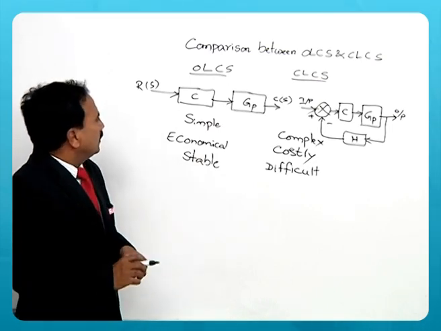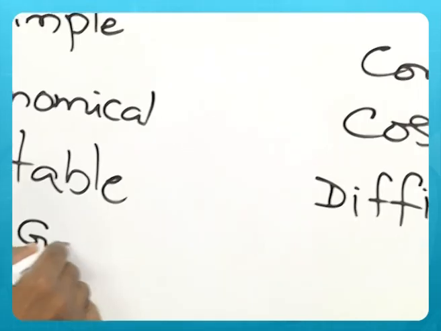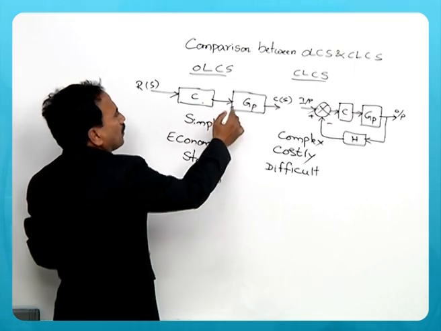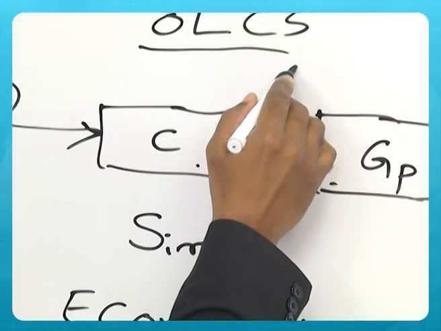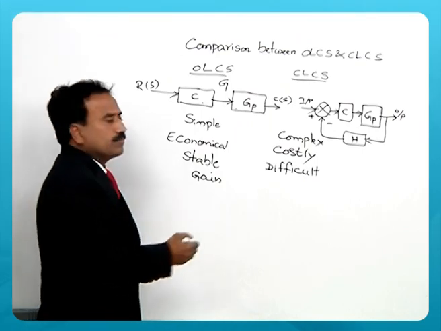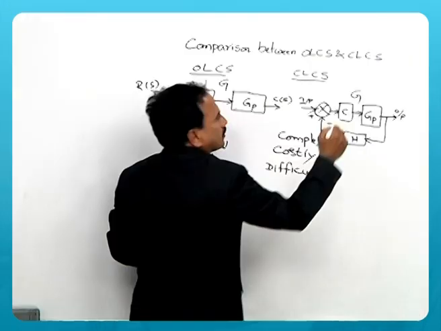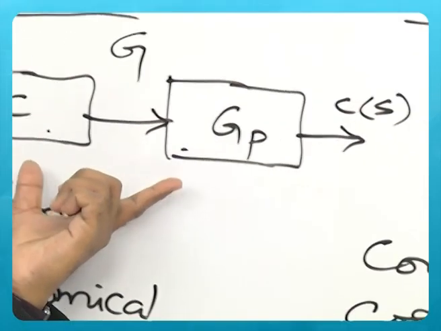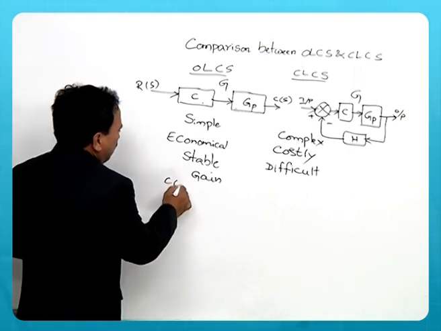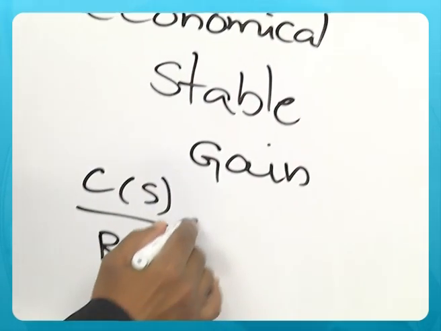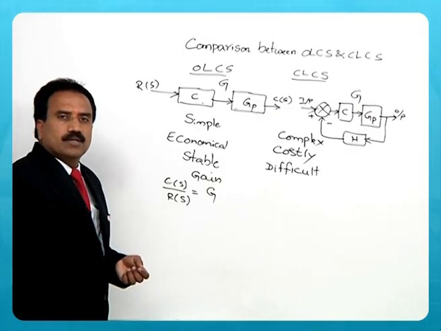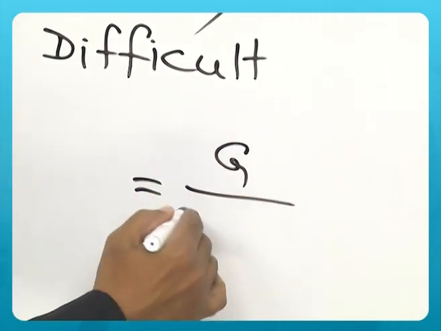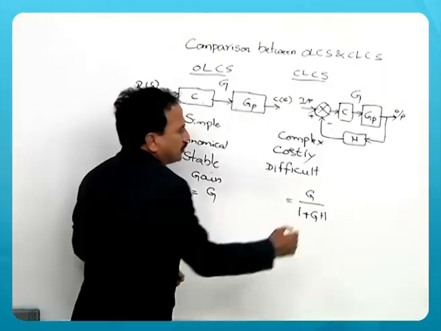Now when it comes to the gain of an open loop control system, these two blocks together, when you combine, say its gain is G, even here also G, then the gain of this particular path or system is given by C(s)/R(s), it is G. In the case of closed loop control system, it is given by G/(1+GH).